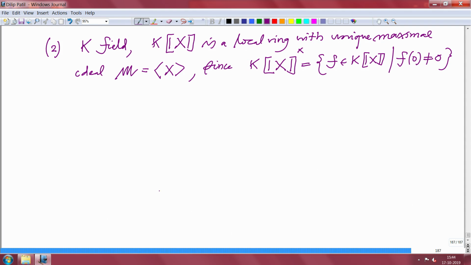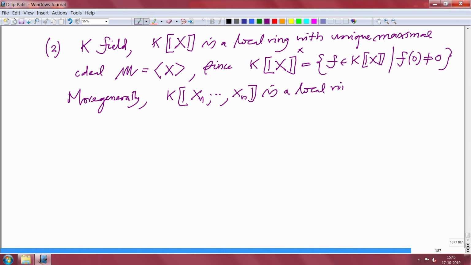And there is nothing special about one variable. More generally, K power series in finitely many variables is a local ring, with maximal ideal generated by x1 to xn.